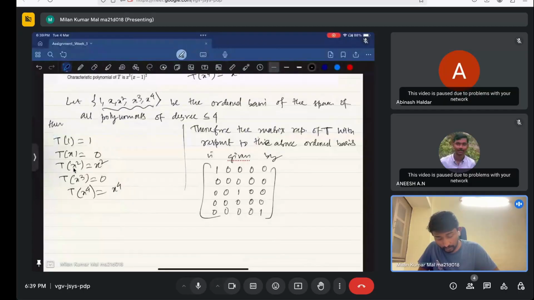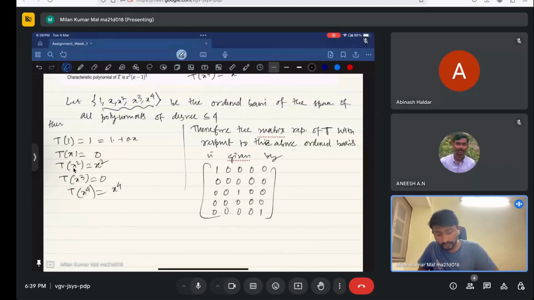So 1 can be written as 1 into 1 plus 0 into x plus 0 into x² plus 0 into x³ plus 0 into x⁴.